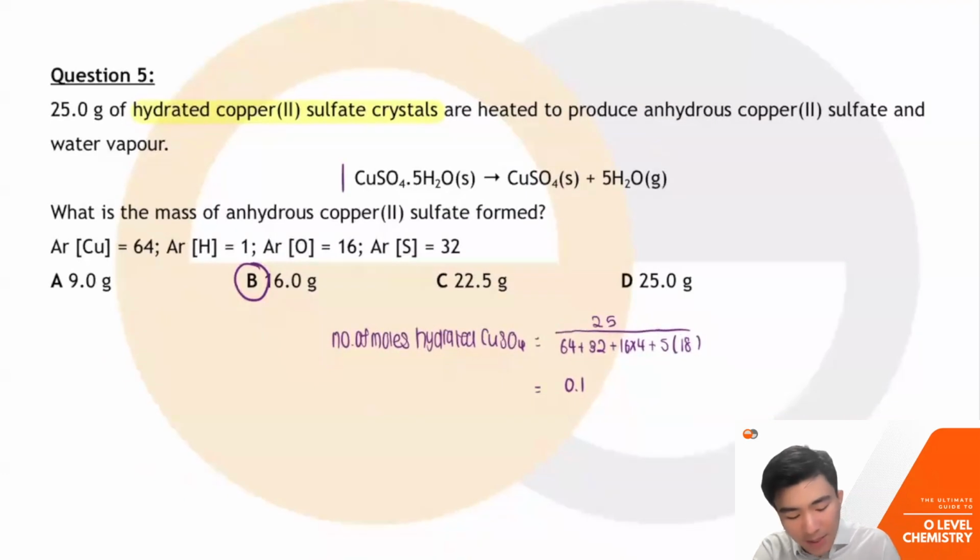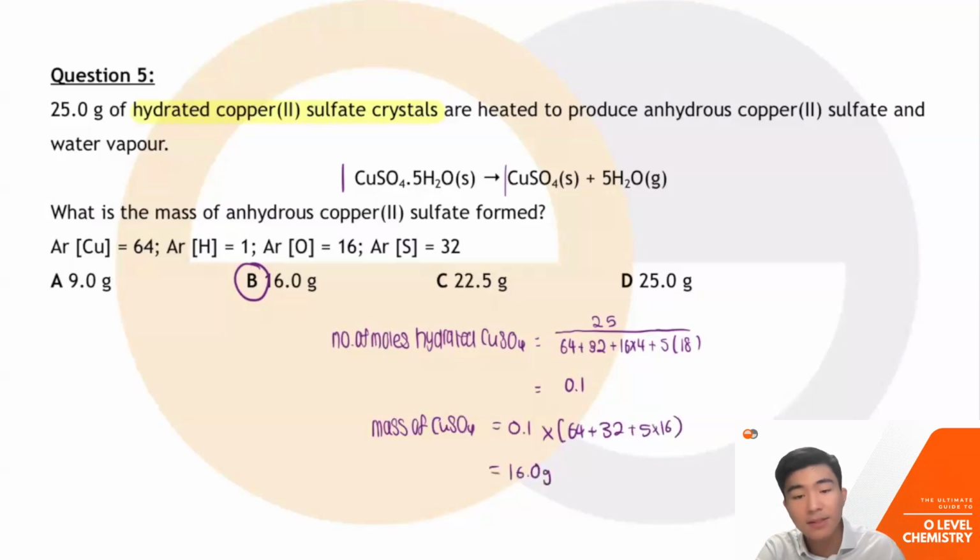Based on the mole ratio, it is a 1:1 ratio. So the mass of CuSO4 will be 0.1 multiplied by 64 plus sulfur 32 plus 4 multiplied by 16. You will get 16.0 as your answer.